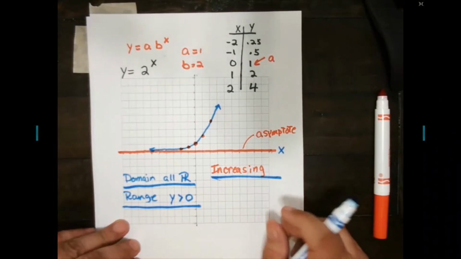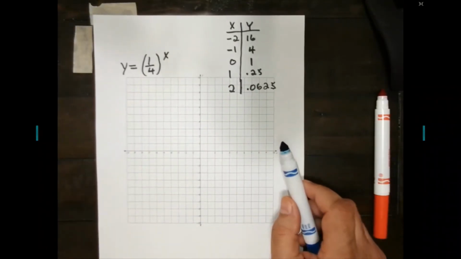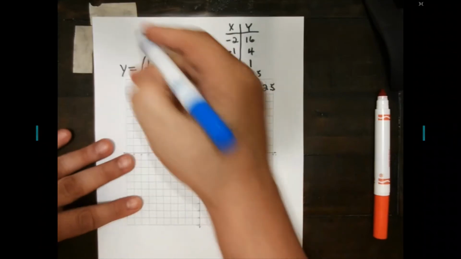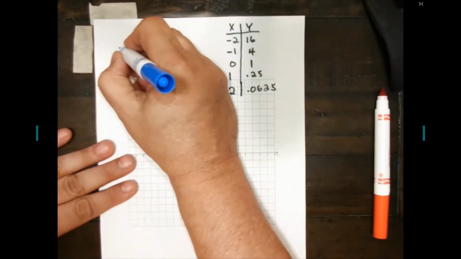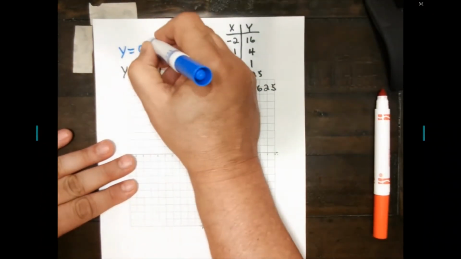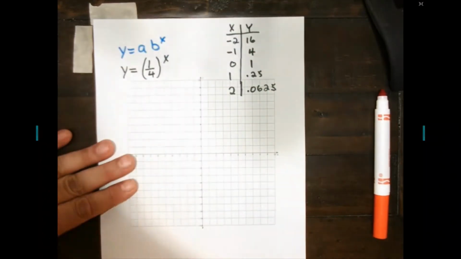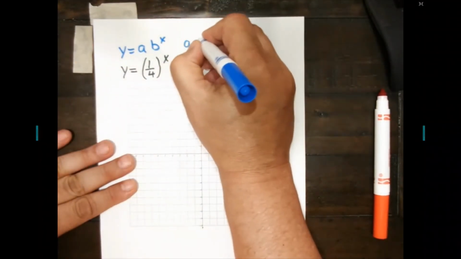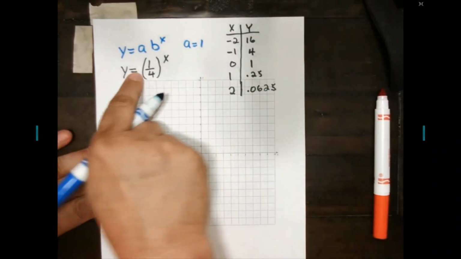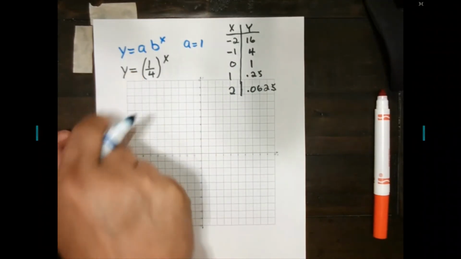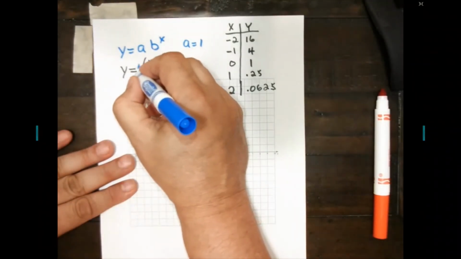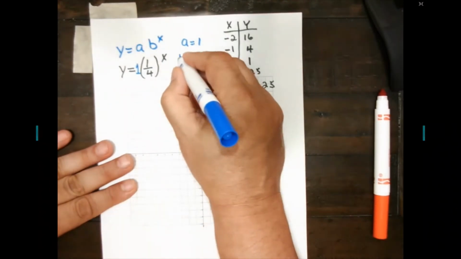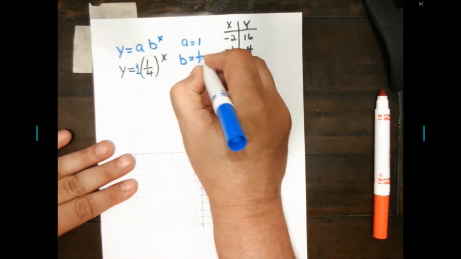Okay, another example. Here we are again. The original equation, y equals a times b to the x. Again, a is equal to 1. The coefficient is 1 right here. B is equal to 1/4.